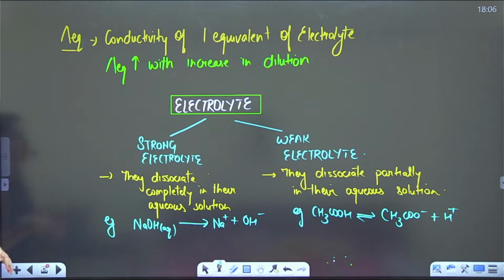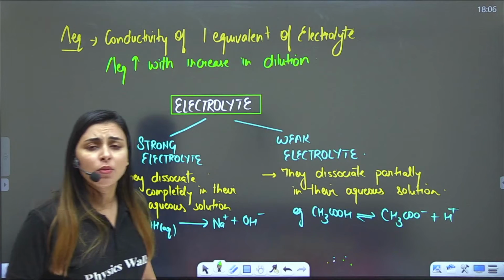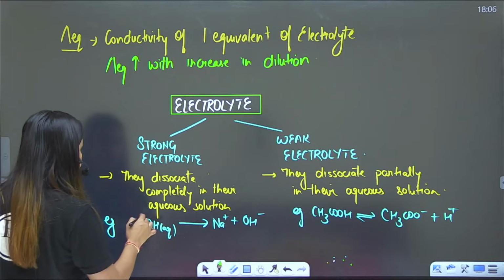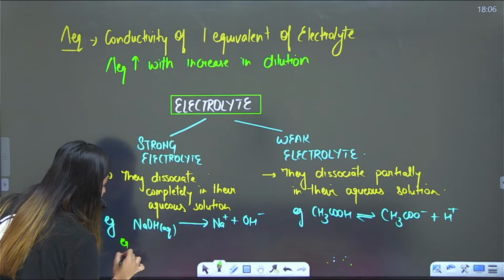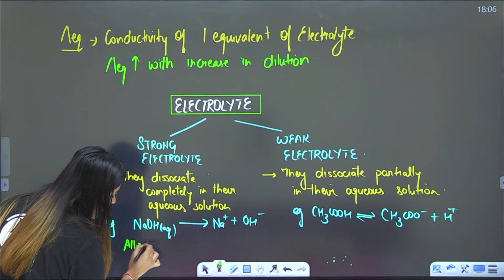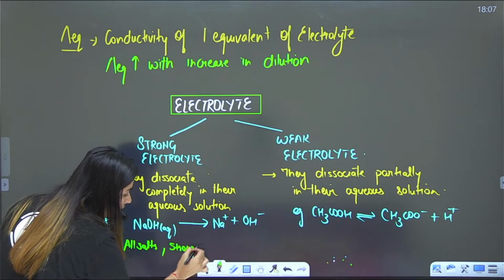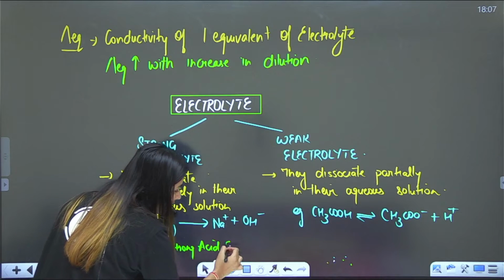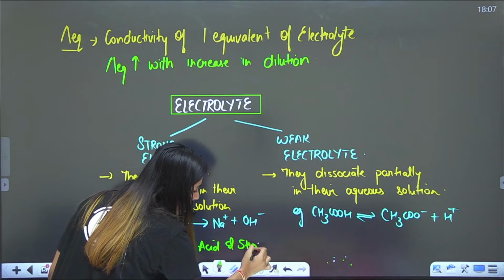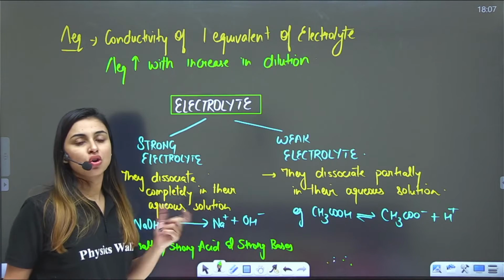Now let's take a few examples so that you will be very clear with the concept. When you talk about strong electrolytes, all the salts, strong acids and strong bases are strong electrolytes.